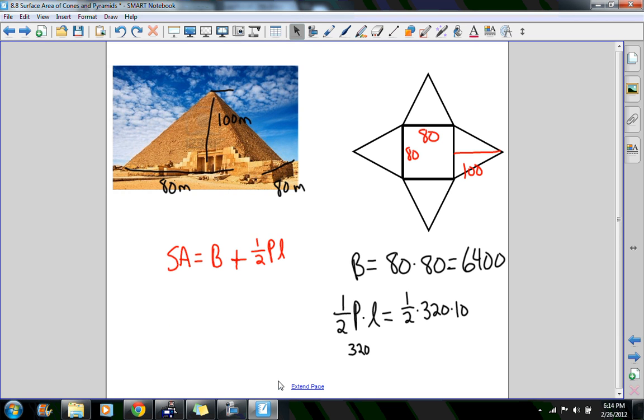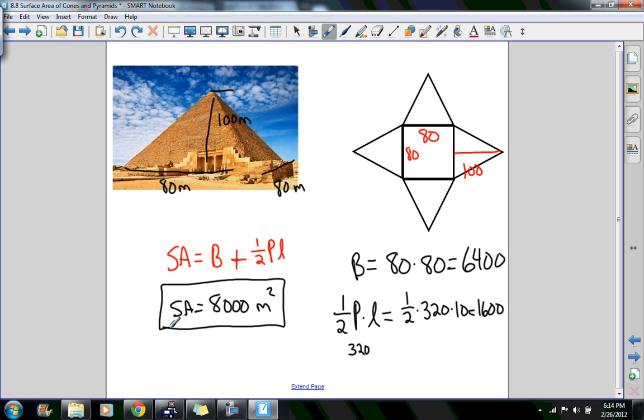Okay, so that's 1,600. We add those together to get a surface area of 8,000 meters squared. Squared because we're working in surface area. The goal here is we're learning how to use a formula correctly, not necessarily to memorize the formula or anything like that.